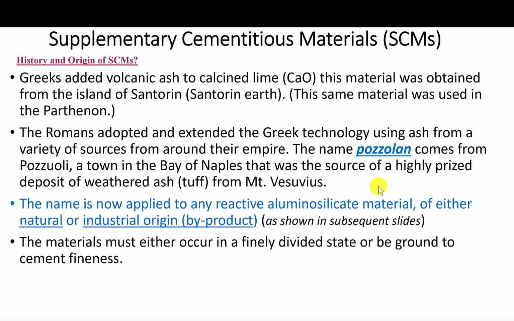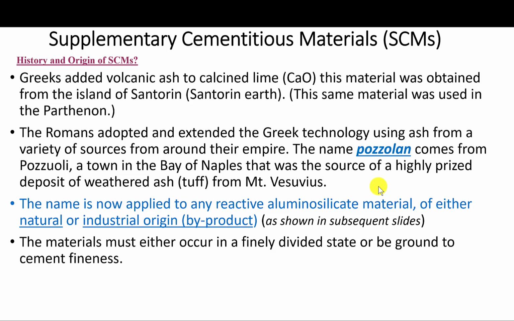The Greeks used a volcanic ash from the island of Santorin, a material referred to as Santorin earth, in order to enhance the properties of whatever concrete or cement they produced. This same or similar material was used in the building of the Pantheon, as we mentioned before.